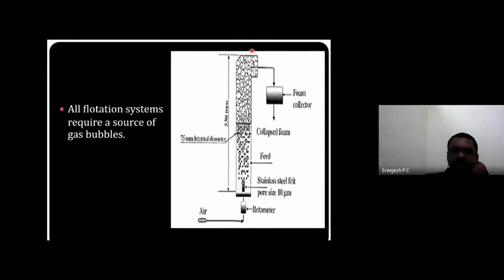So this is a schematic indicating the air flotation. As I mentioned, in air flotation, what we require is a source of gas bubbles. How can we generate that? A flotation pump is required.